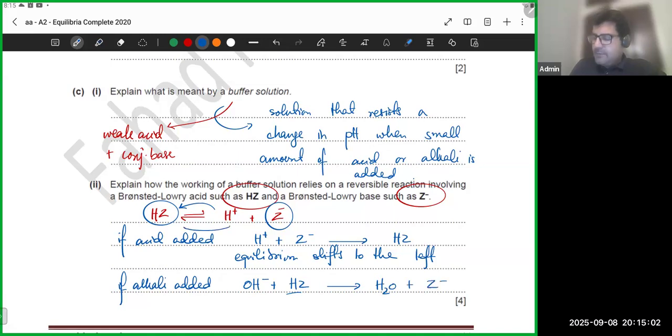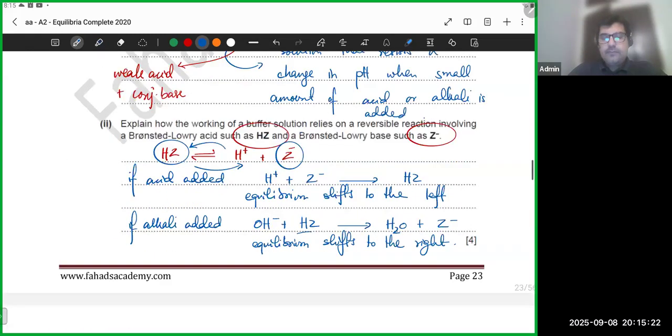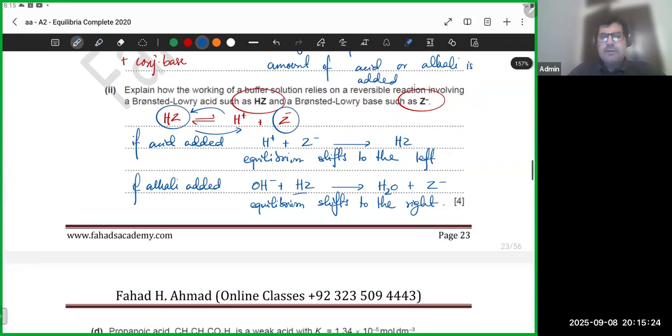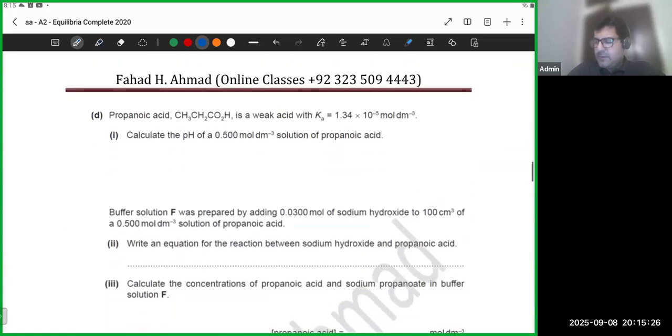So in that case, the equilibrium shifts to the right. Those are typical questions you're always going to get.